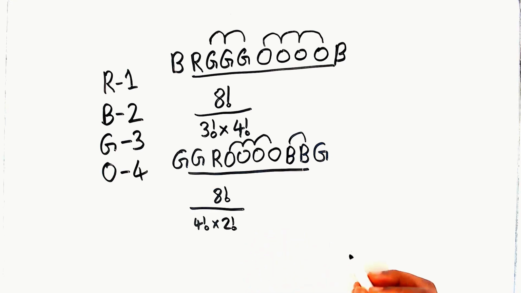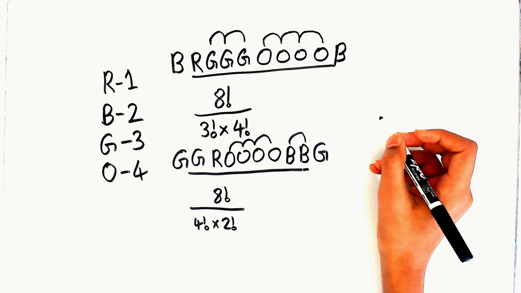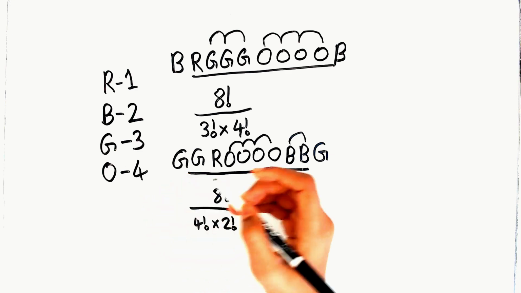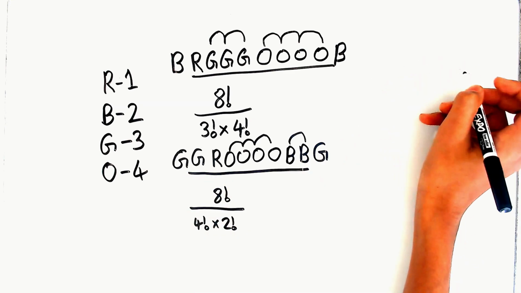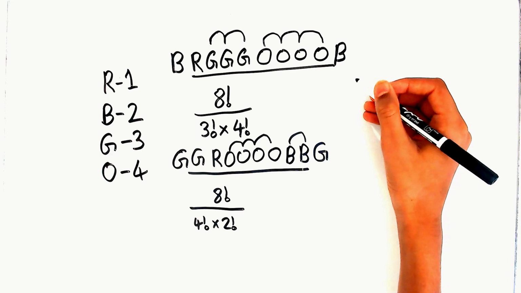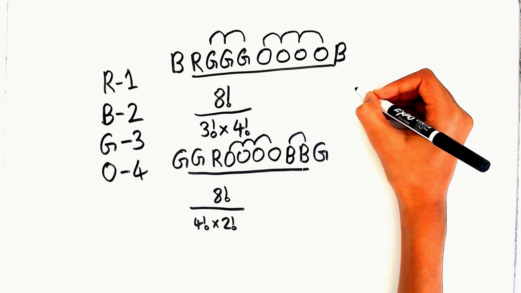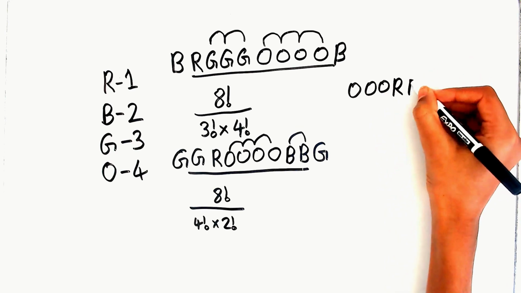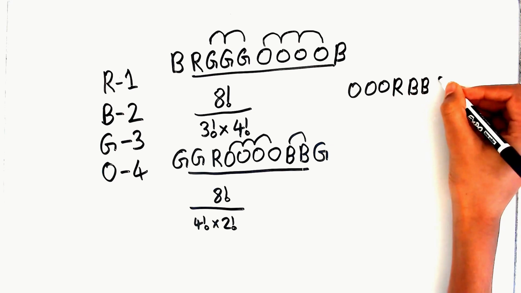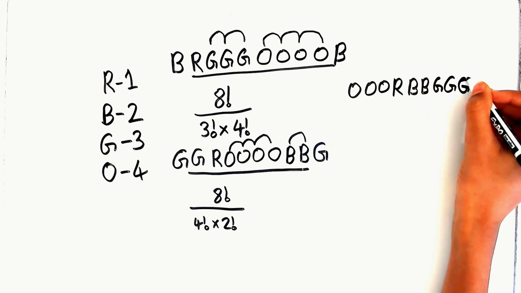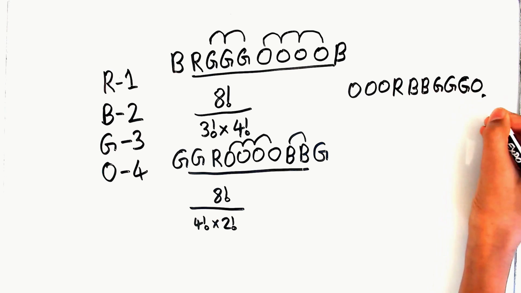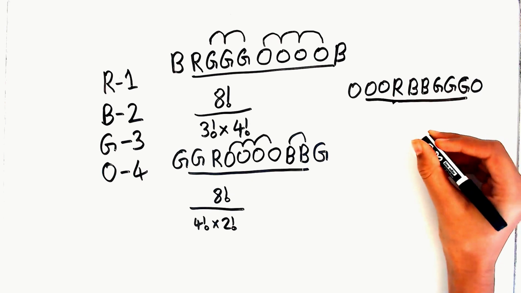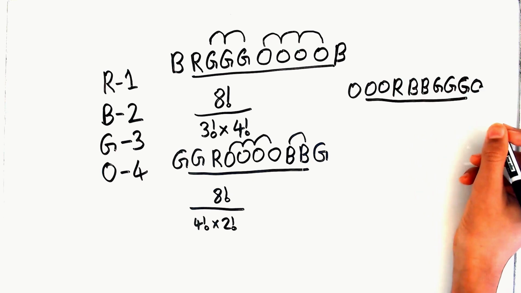Okay. So now let's write it if we have 4 O's. So 2 O's as a start and the end. So here we can do 1, 2, 3. So 3 O's, R, B, B, G, G, G, O. So here, let's use these 8 letters because we don't need both the O's.